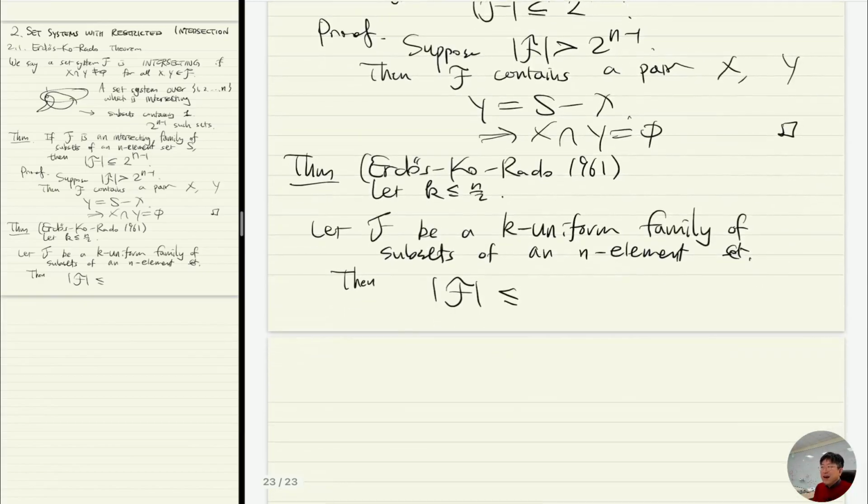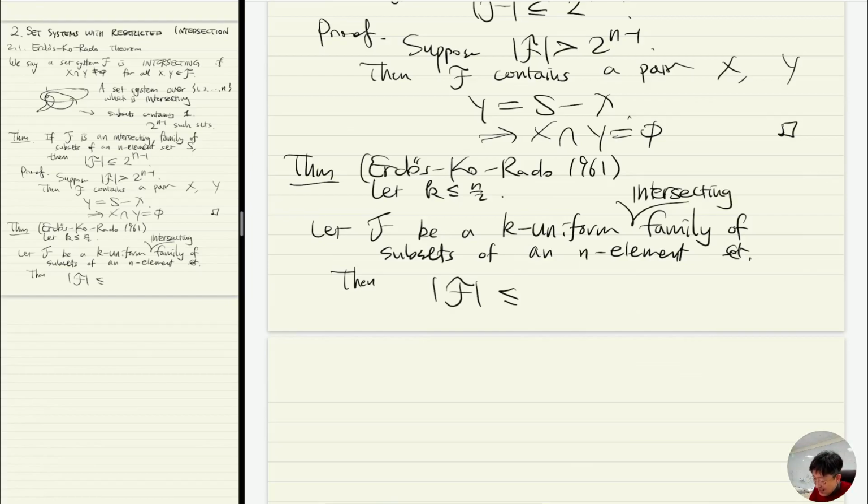So first of all, I should tell you why I chose k to be at most n over 2. This is because if k is bigger than n over 2, then any two subsets of size k will intersect. So the answer will become n choose k. Oh, I didn't say intersecting.